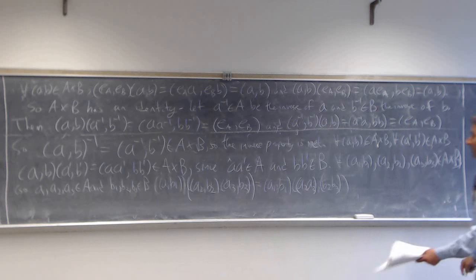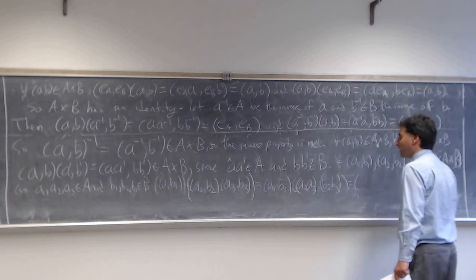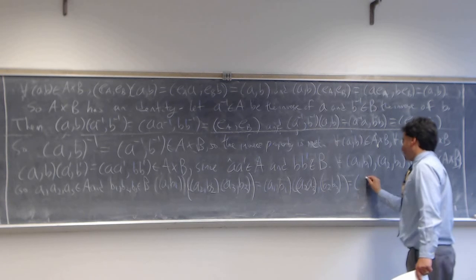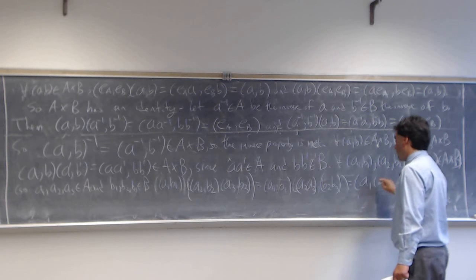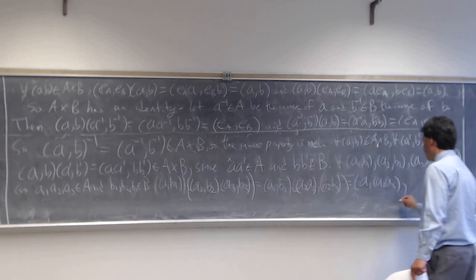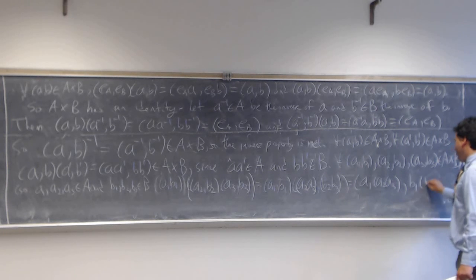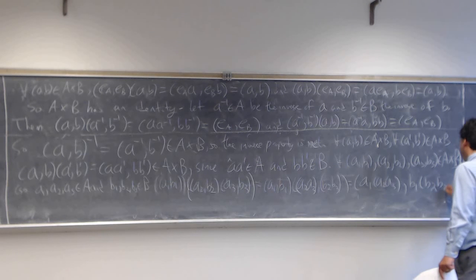Why not? They're free until you put something in parentheses. Now let's multiply those. That's equal to (a1 (a2 a3), b1 (b2 b3)).